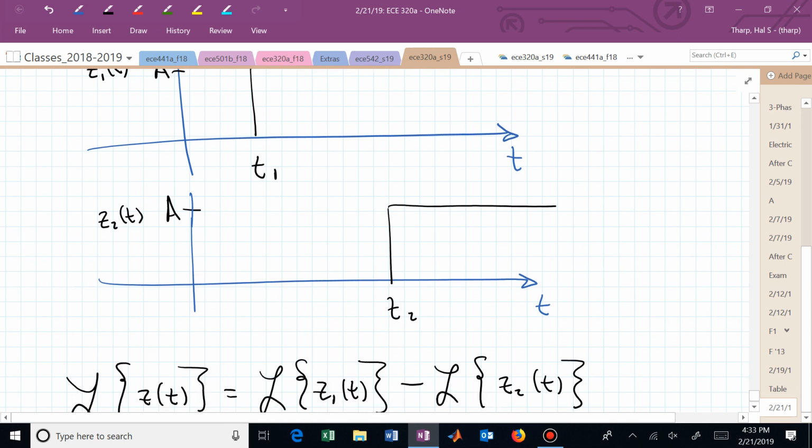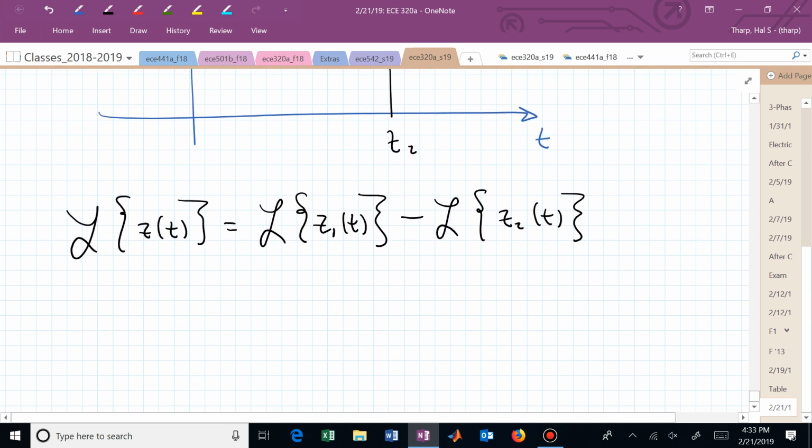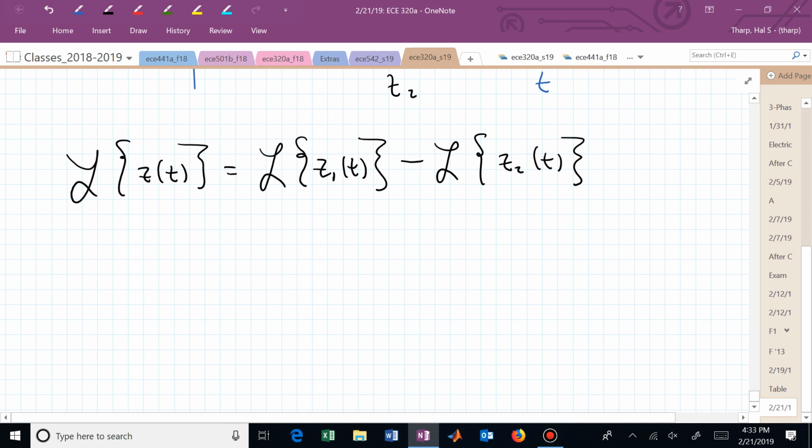They were scaled by an exponential, consistent with the amount of delay. So the Laplace transform of z sub 1 is A over s, that's a scaled unit step. But now when we delayed it, we had to weight it by e to the minus s t sub 1, the amount of delay.